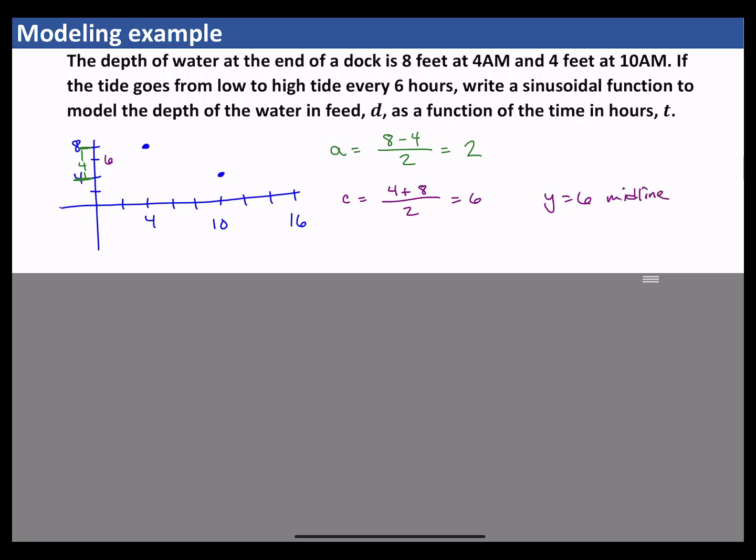And then we also see, or are told actually, that from low to high tide is 6 hours. So we saw that in our time from 4 to 10. That just confirms that those were minimum and maximum points as well when we were calculating the amplitude and the midline. And so we need to identify the period.